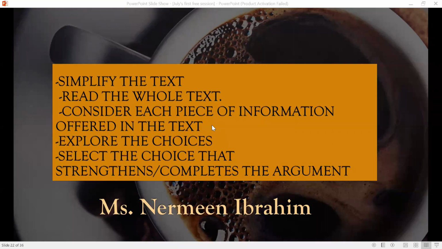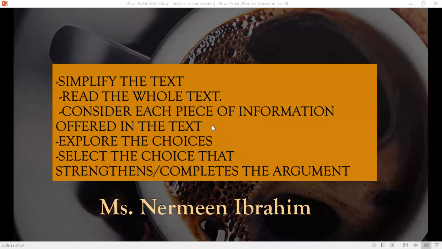And last time, one of you asked me how I know it's non-essential, how I know it is not important. Any information that is located between 2 commas, 2 dashes, or 2 brackets is considered to be non-essential.